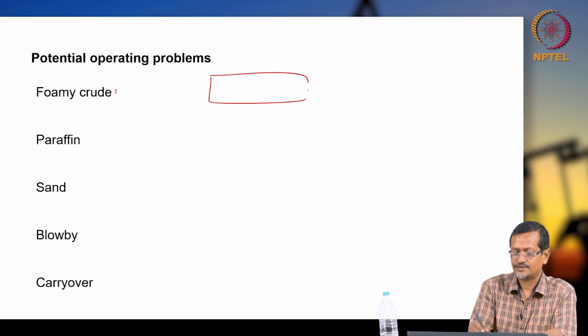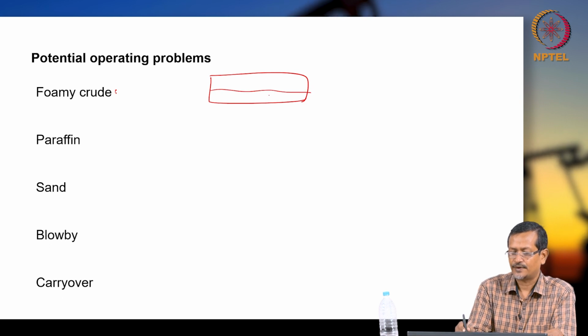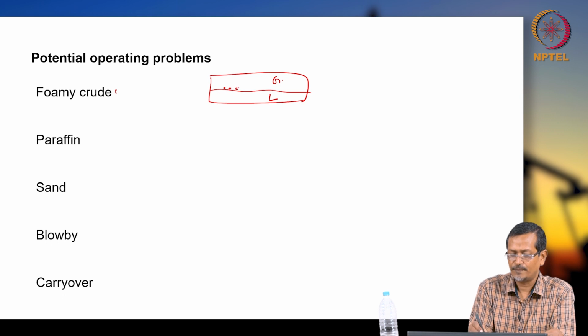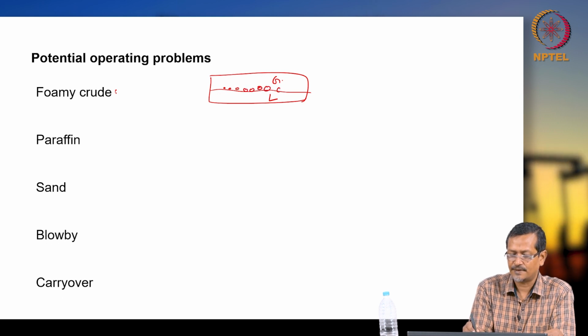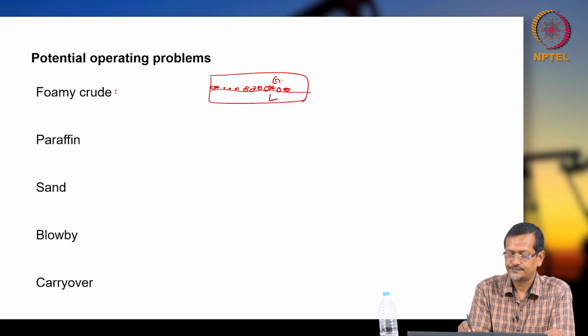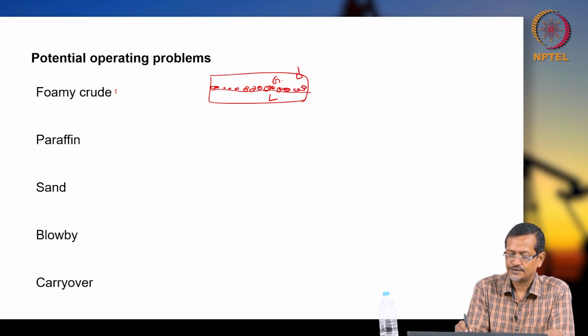Let's say you have a separator and the liquid and gas interface is this one, and foam means small gas bubbles coated by liquid. Let's say this is gas out.